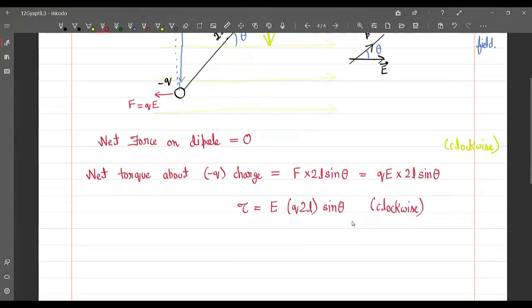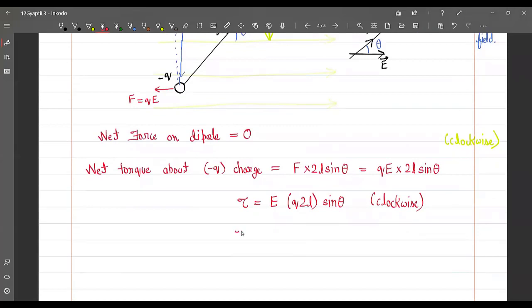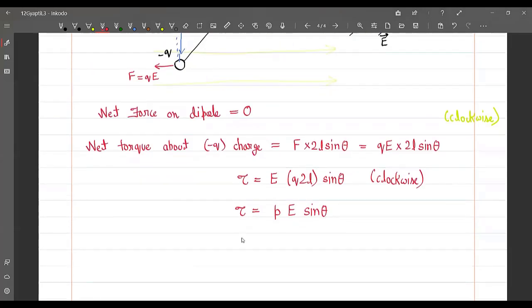Instead of stating the direction, I can write it in vector form. This is my torque vector. This is my electric field vector. And this is my dipole moment vector. Before that, let me write another step. Q into 2L will be the dipole moment. This is E. This is sine theta. So this is a cross product.